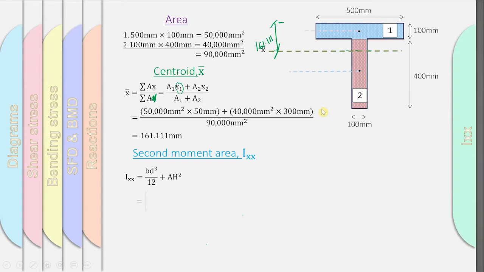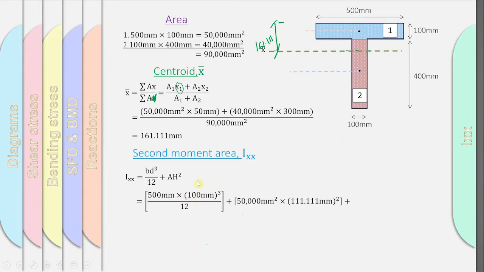Okay, and then kita akan kena calculate using the formula of BD cube divide by 12. Kita calculate for the first area atas ni dulu. Okay, therefore the BD cube over 12 masukkan saja B tu 500, D dia 100 mm cube divide by 12.